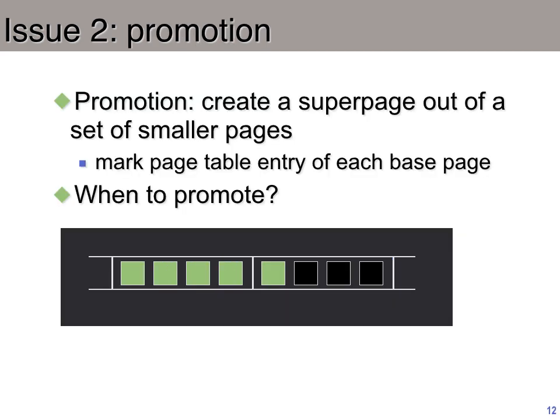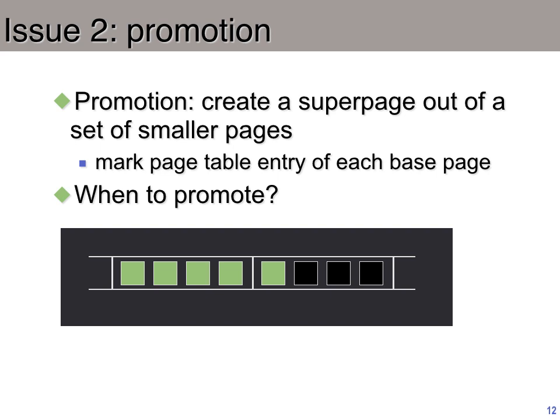So once we create a super page somehow, the question is, are we just stuck with a particular super page size, or could we promote it to a larger super page size? In this picture here, we have 4 base pages that are next to each other, and then a 5th base page that's contiguous, but it's on a separate alignment boundary.